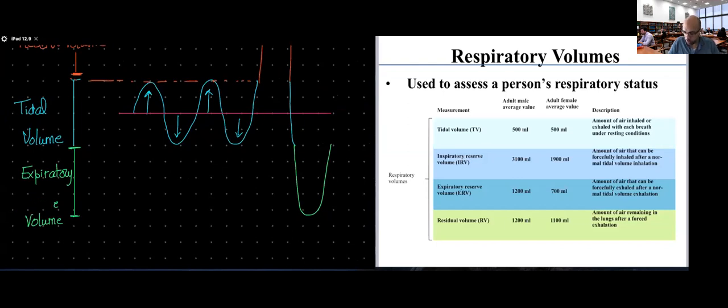Expiratory reserve volume. This is the amount of air that I can breathe out beyond the tidal volume.